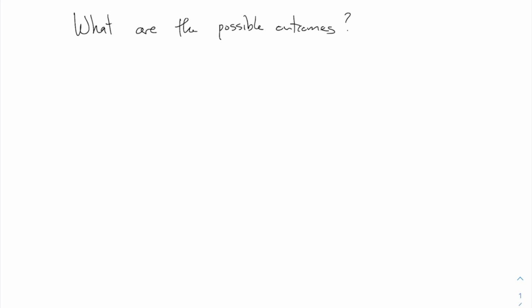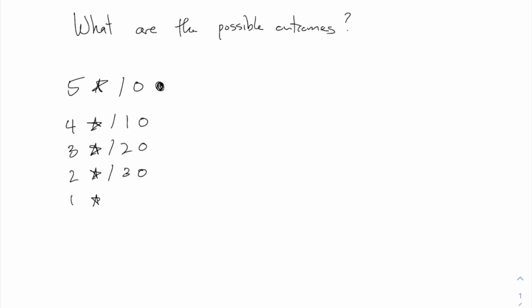Maybe I'll just write down a list of the possibilities without doing anything: 5 stars, 0 circles, sorry my circle looks like a 0, it could be 4 stars, 1 circle, it could be 3 stars, 2 circles, 2 stars, 3 circles, 1 star, 4 circles, or 0 stars and 5 circles, right?